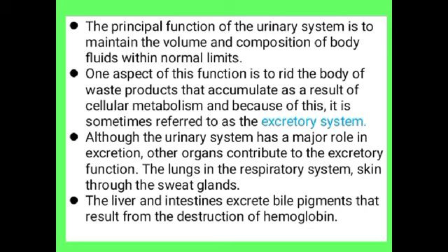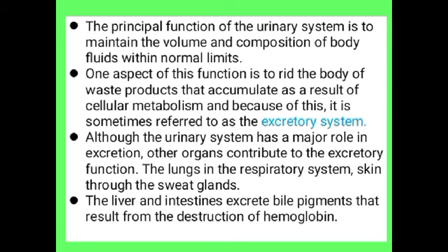But with all these systems playing their function in excretion, our major system in the body is still the urinary system, which plays the function of getting rid of the metabolic waste products.